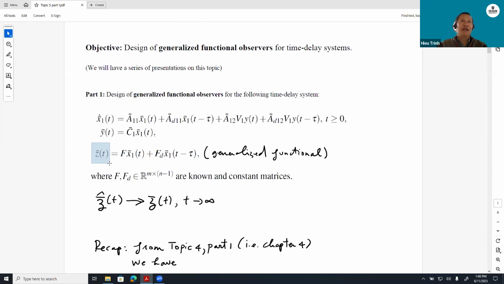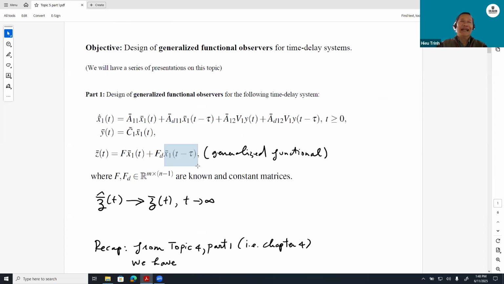If you recall from the previous talk, when we were trying to estimate a delayed state variable, we couldn't do it by first estimating its instantaneous variable, which is x bar 1 of t.